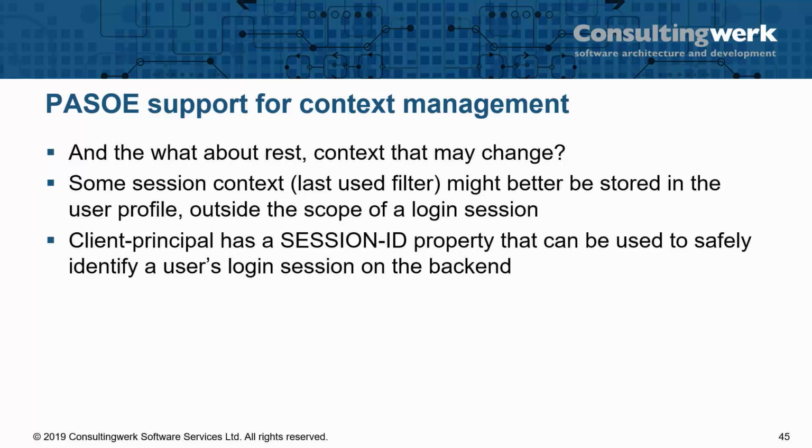The client principal that we get automatically from PaaS-OE is something that we cannot change anymore. Once the user is identified, or during the authentication, you can add properties to the client principal. But one of the key concepts is that all of that state is not changeable.